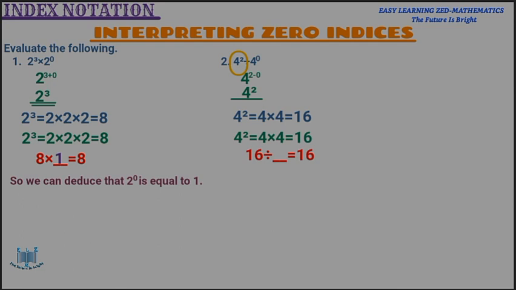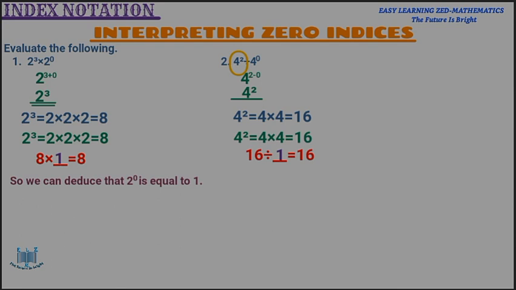When we divide 16 by 3, it will give us 5 remainder 1. When we divide 16 by 4, it will give us 4. When we divide 16 by 5, it will give us 3 remainder 1. So these other numbers will give us answers which are different. But when we divide 16 by 1, it will give us the answer which is 16.